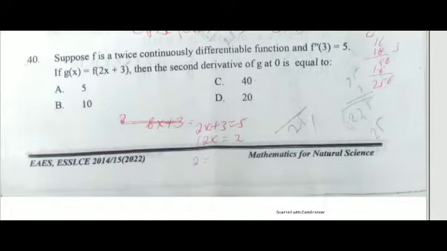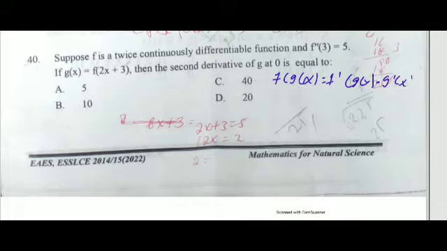Therefore, we can use the chain rule. Let's say f of g of x: the derivative is f derivative of g of x times g derivative of x.